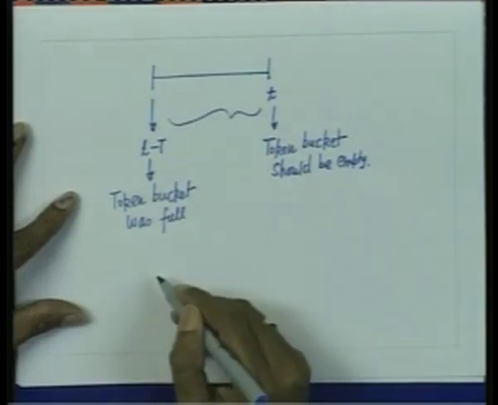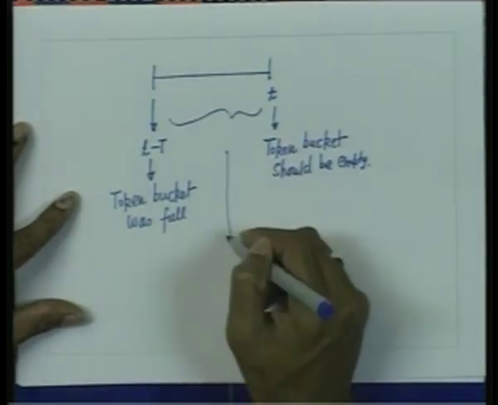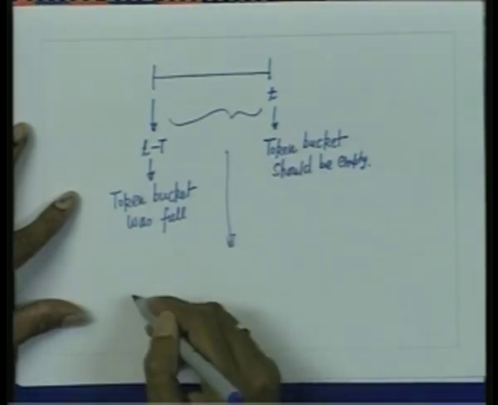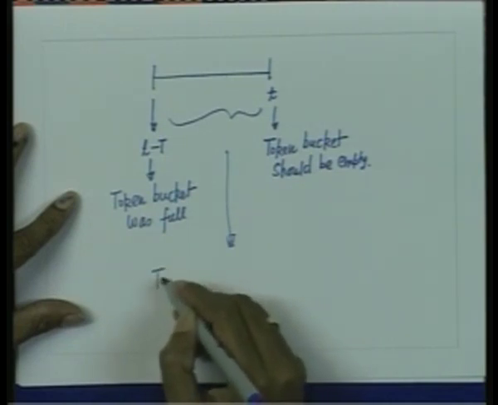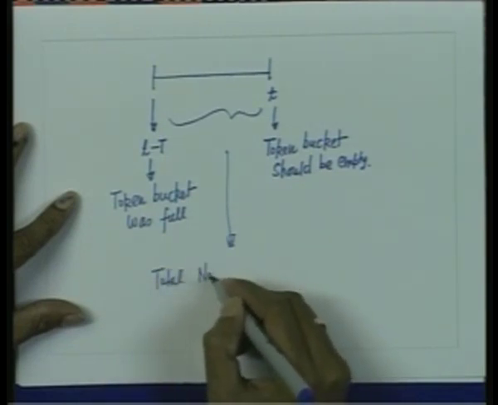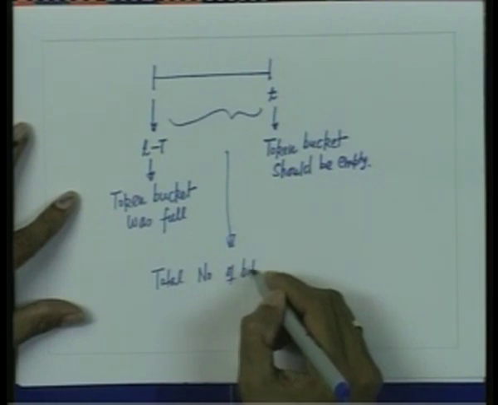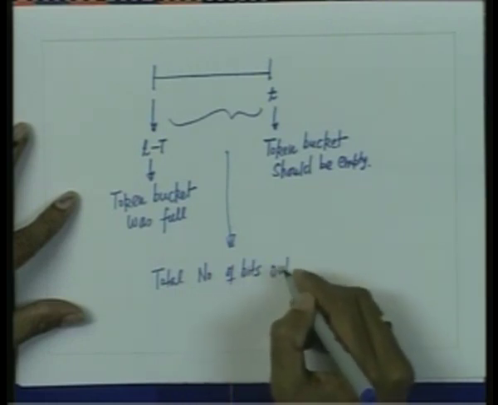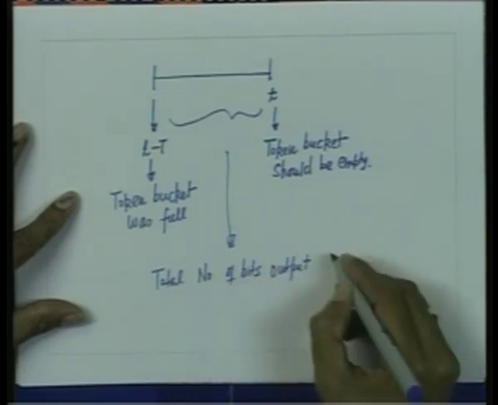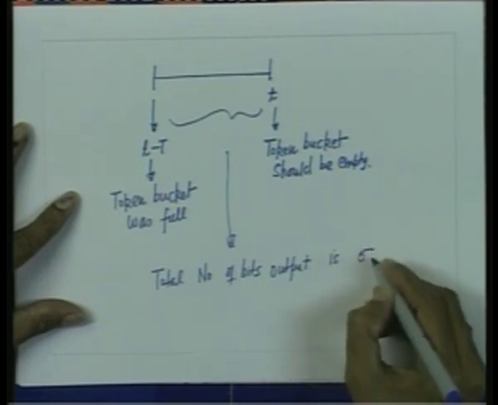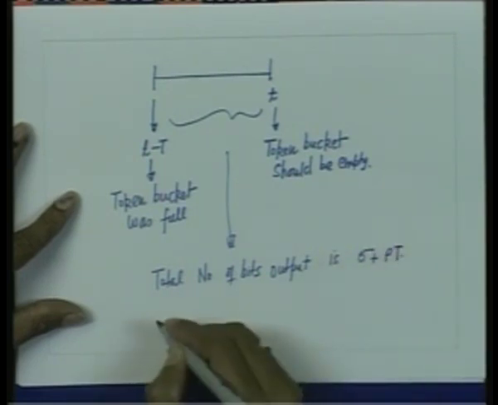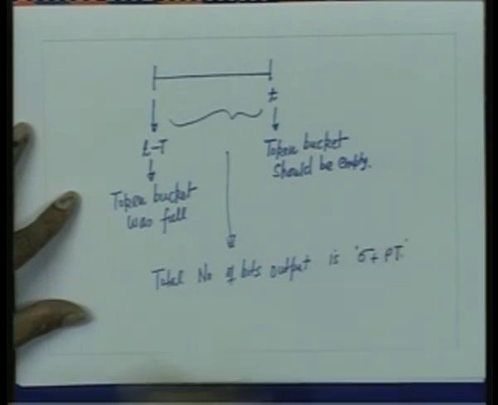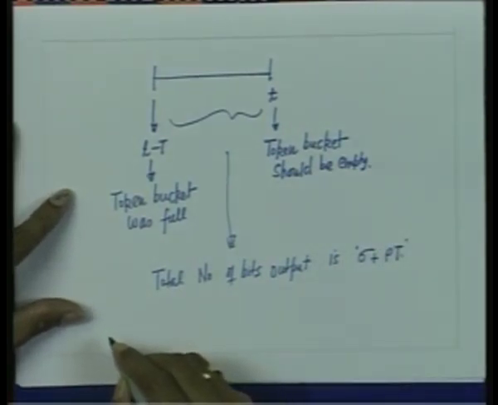During this interval, the total number of bits which is output is sigma plus rho T.